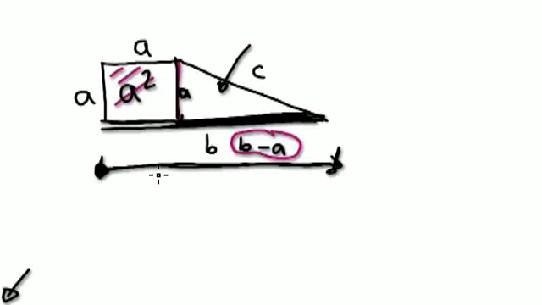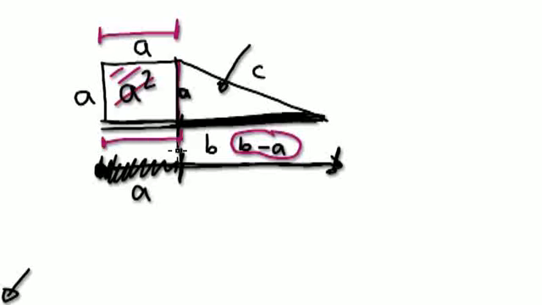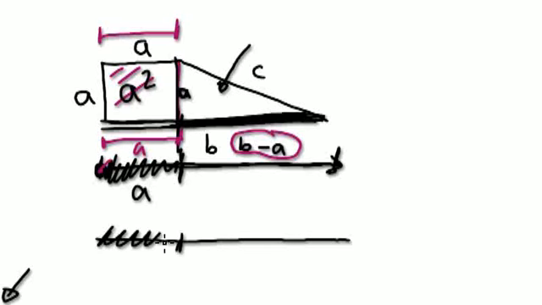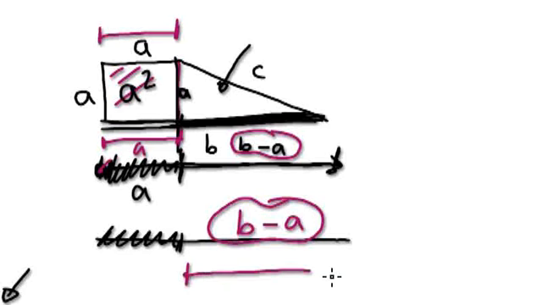That's B. Okay, and this bit here is, if you get a string and cut this bit here, which is actually A, because from here to here is A. So from here to here is also A. Well, if you have a string which is length B here, and then you cut away A, what's left would be B take away A. So this length here is actually B take away A.